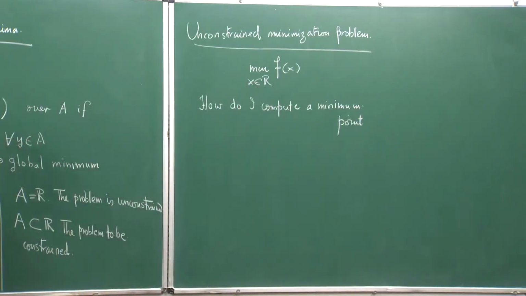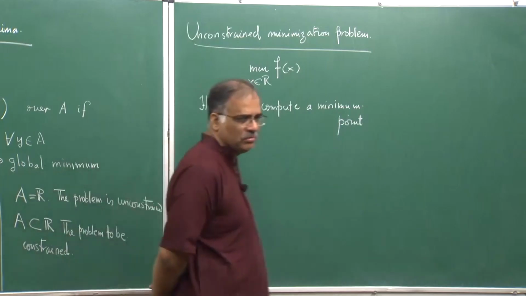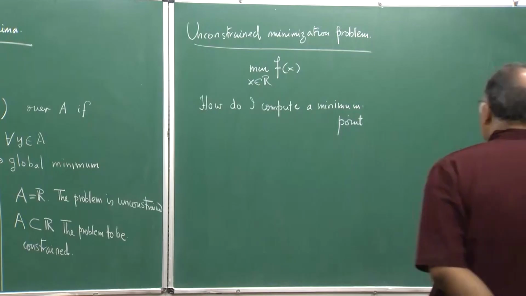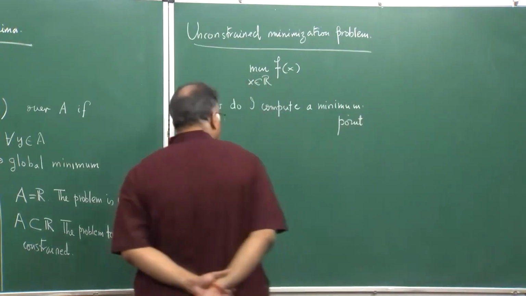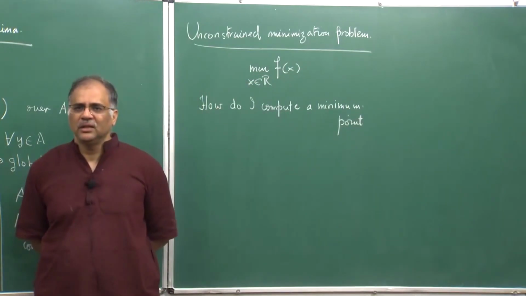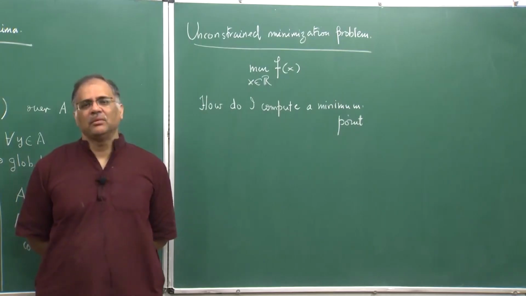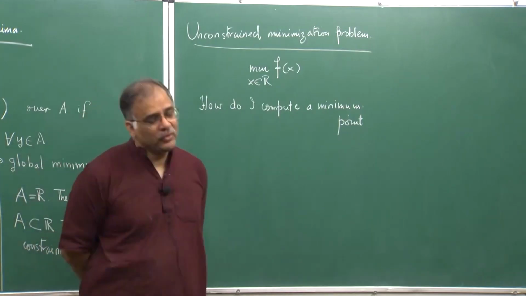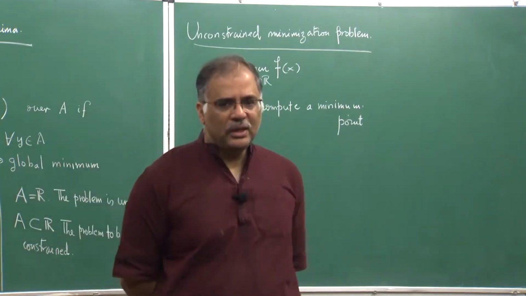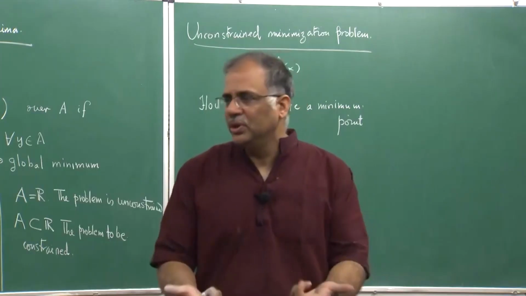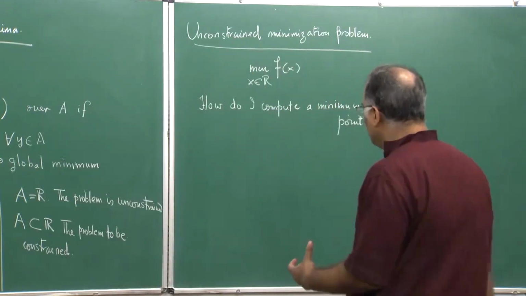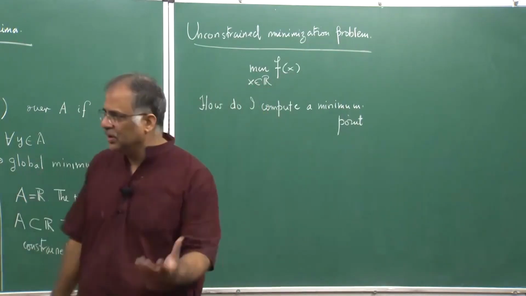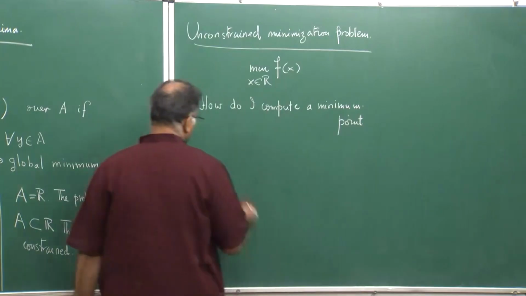Of course, there is no guarantee that a minimum value would exist on R, because R is not a compact set even if the function f is continuous. So, let us be more naive and think that x star is a local minimizer of f over the whole R. Then how do I actually start computing such a point? To do so, you need at your basic level some additional information, and that information is that of differentiability.